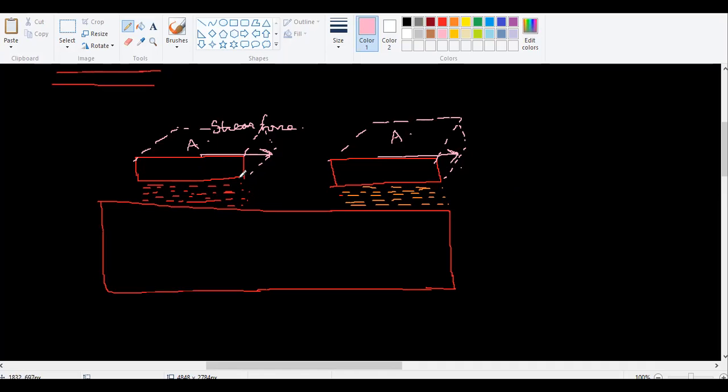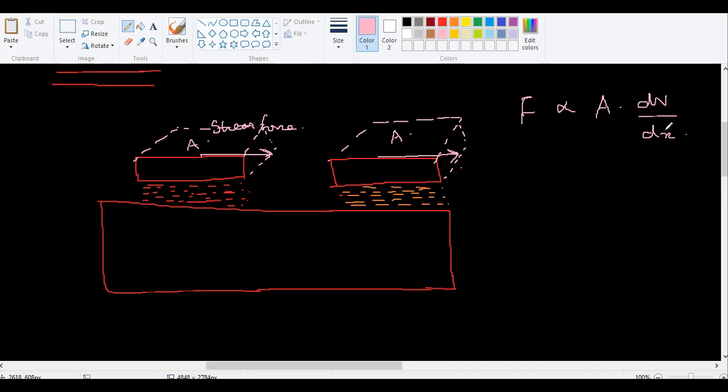So the force that is required to push this will be proportional to area, and it will also be proportional to change in velocity, dv by dx, with the height.